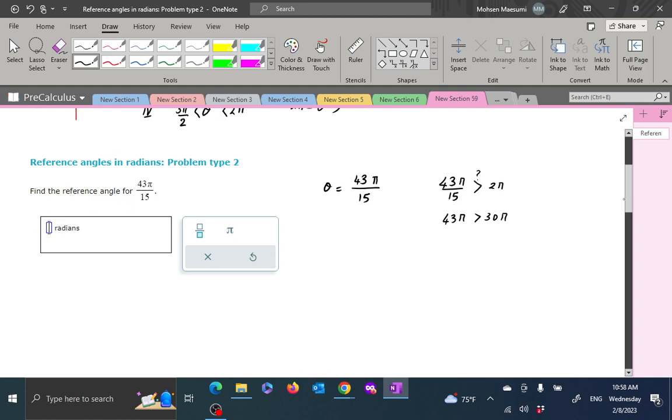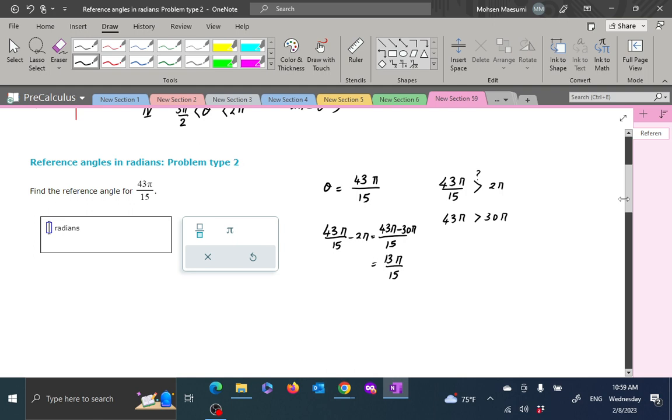So what do we do? It's 43 pi over 15, subtract 2 pi from it. I have to take the common denominator, 15. This is 43 pi, and 15 times 2 pi is 30 pi. I subtract it, I get 13 pi over 15.